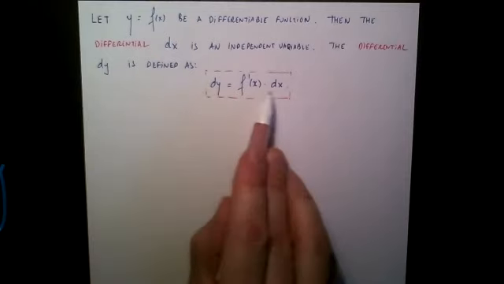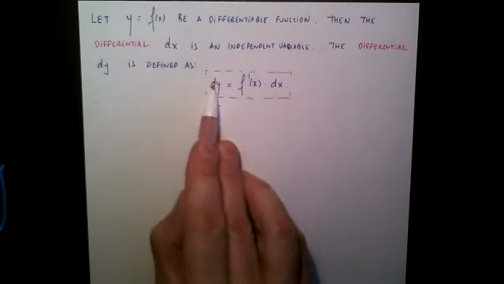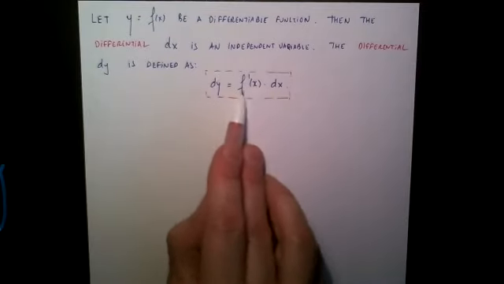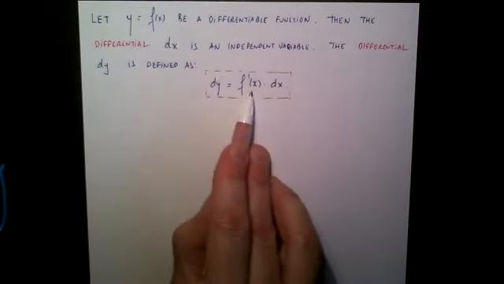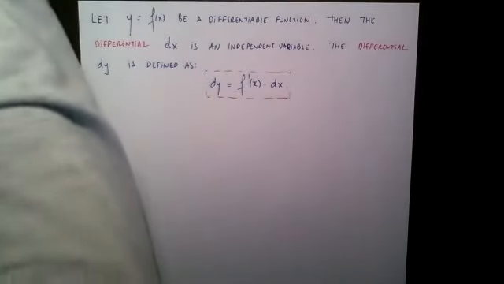Okay, a small increase of x causes a very small increase of y. By what factor? And that's the factor which is f prime of x. Okay, let me give you an example and you're going to understand it with the example.